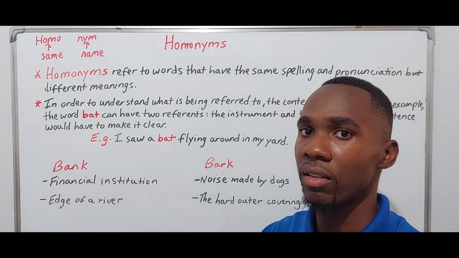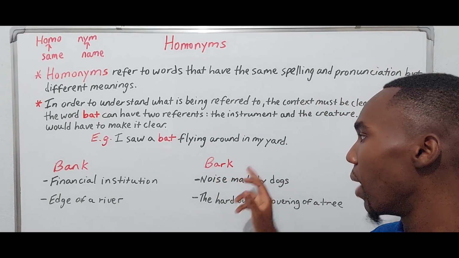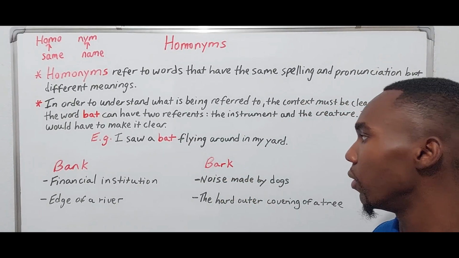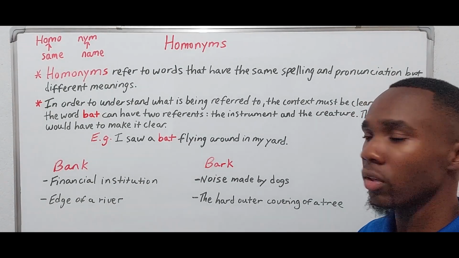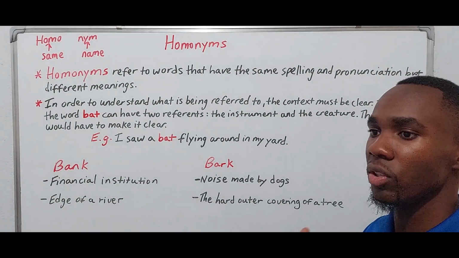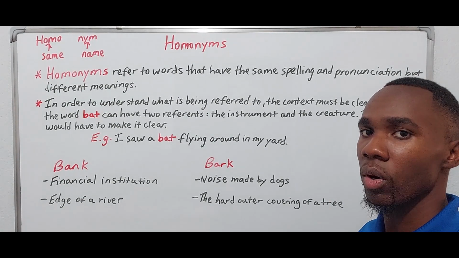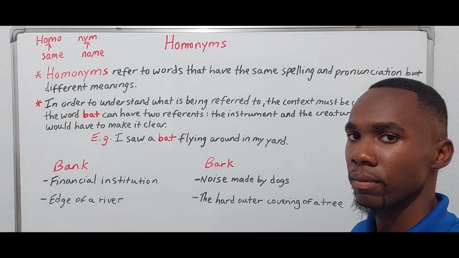So it's clear and obvious that we are talking about the creature, right? Now bark, this is another example. Bark could refer to the noise made by dogs or it could refer to the hard outer covering of a tree. And the only way we're going to know which one is being referred to is the context, right?